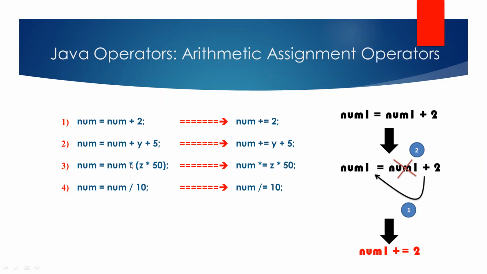Num is equal to num into z plus 5, we can write like this. And num is equal to num divided by 10 can be written like this. So I hope this one is clear.